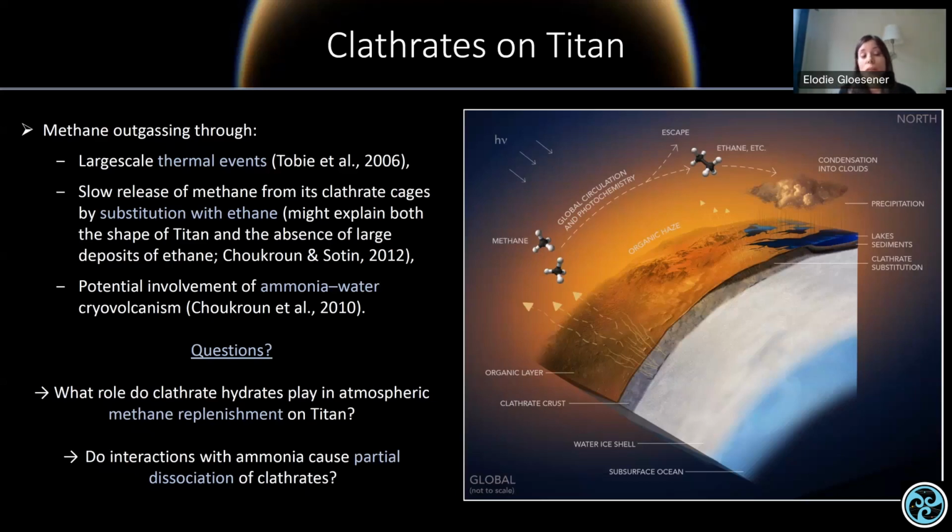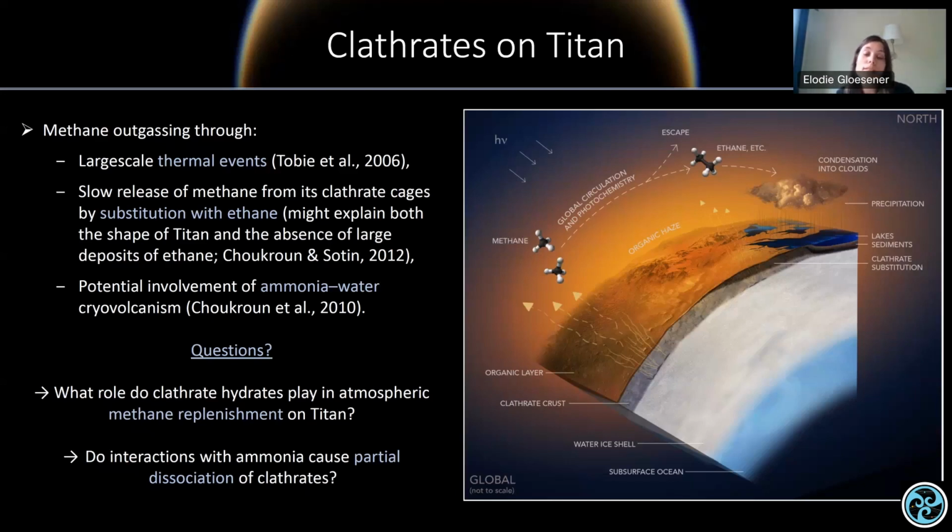Interactions with ammonia have also been proposed to dissociate or partially dissociate clathrates, and ammonia is a well-known clathrate inhibitor, and it is expected to be present in the icy crust of Titan. Another process that could release methane to the atmosphere is substitution.